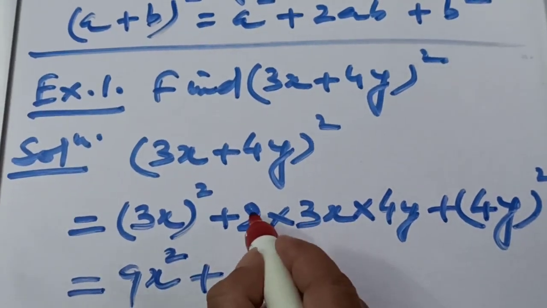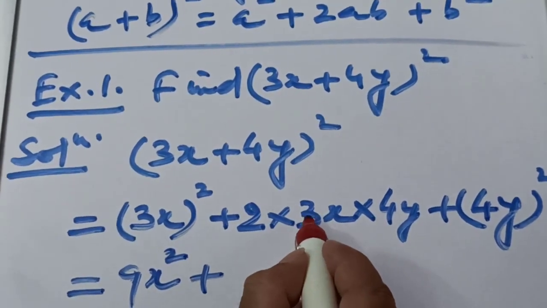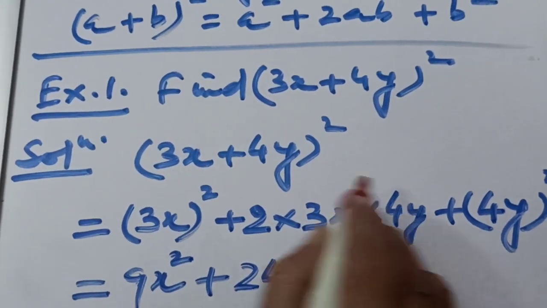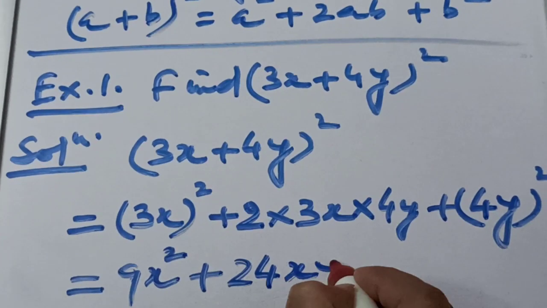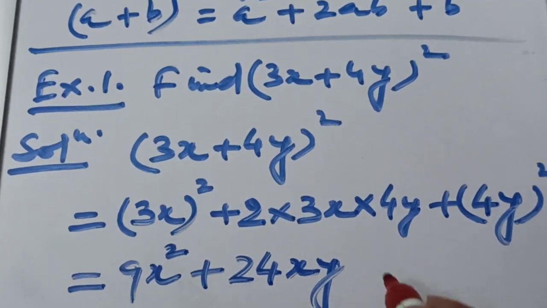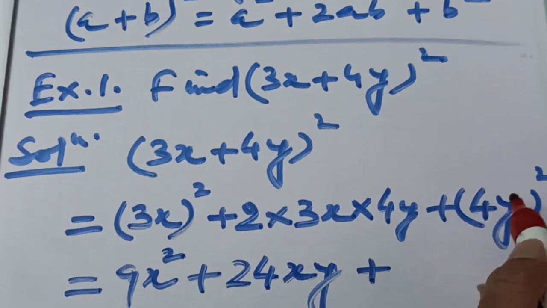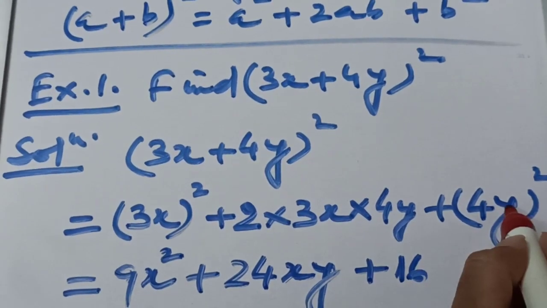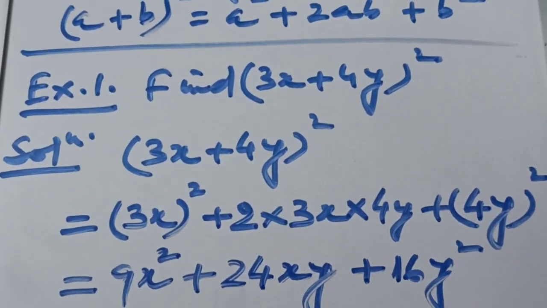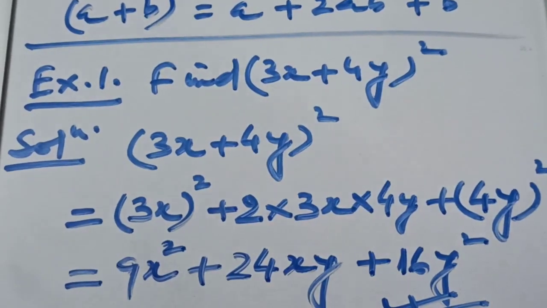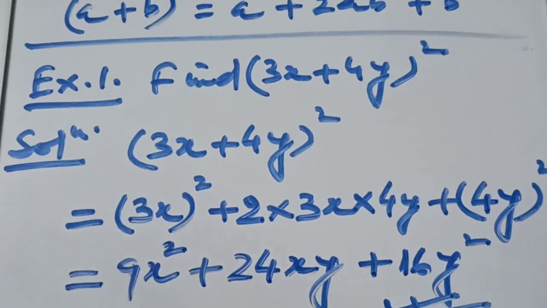Plus 2 into 3 into 4 is 24, and x and y are different variables, so we write xy. Plus 4 into 4 is 16, and y square. Clear?